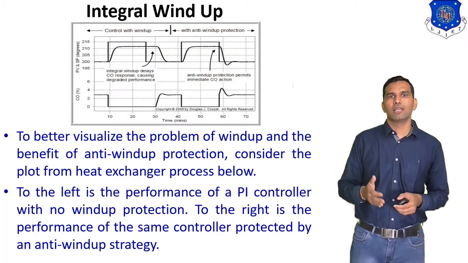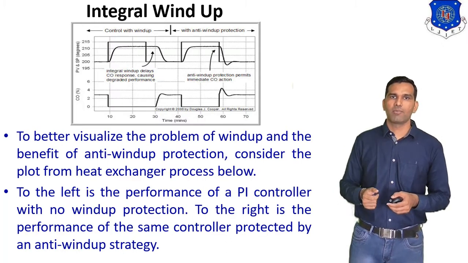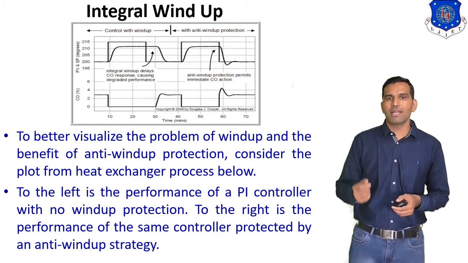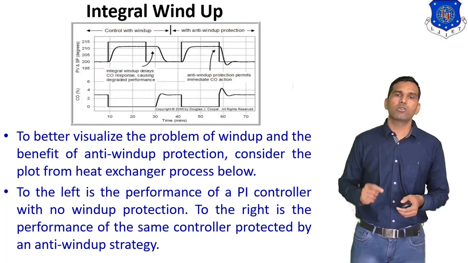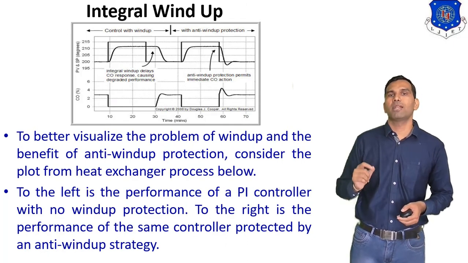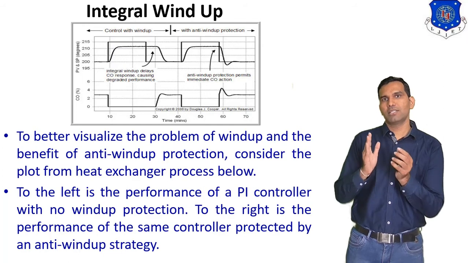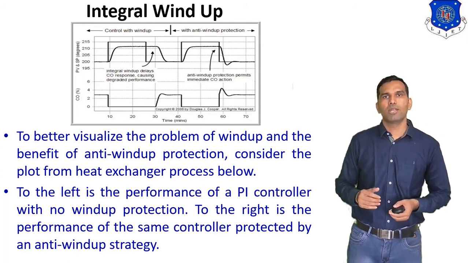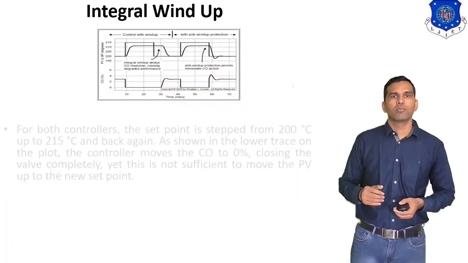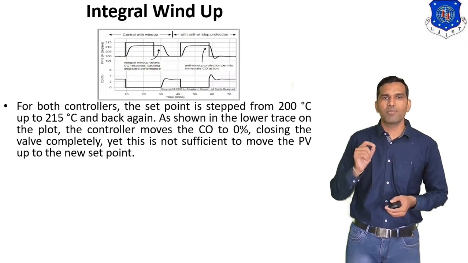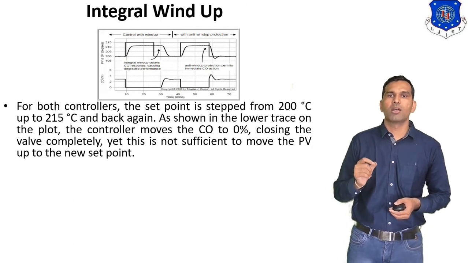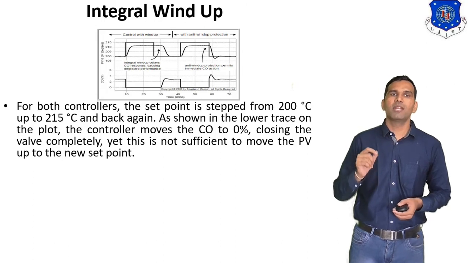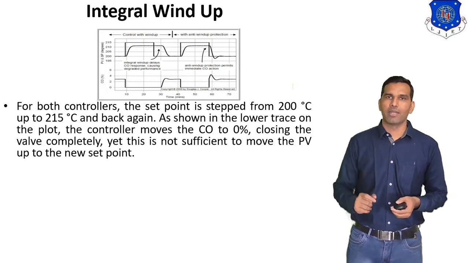You can see here on the left-hand side of this graph, this is no windup protection. On the right-hand side is the performance of the same controller protected by an anti-windup system. So you can see the difference between the anti-windup control system and the control system without windup protection. For the controller, the set point is stepped from 200 degrees centigrade up to 250 degrees centigrade and back again.